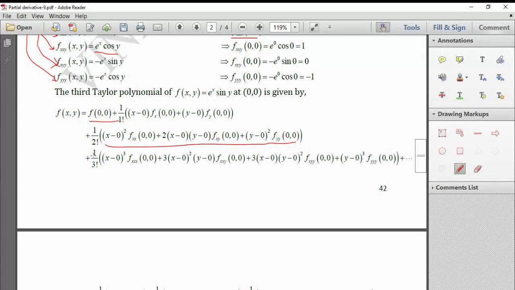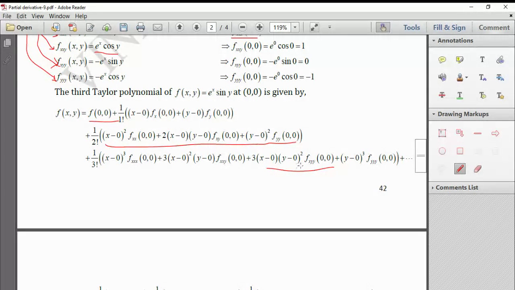So we have to write 1 by 3 factorial into x minus a, that is x minus 0 whole cube into fxxx at 0, 0 plus 3 into x minus 0 whole square into y minus 0 fxxy at 0, 0 plus 3 into x minus 0 into y minus 0 whole square fxyy at 0, 0 plus, after this it becomes to the power of 0, that is 1, right?